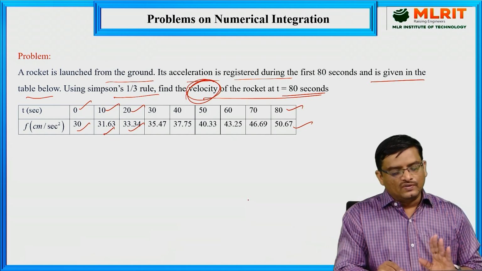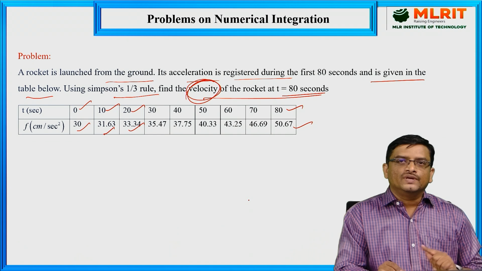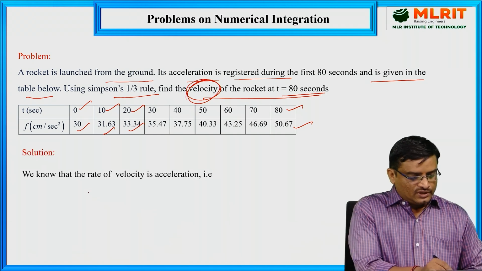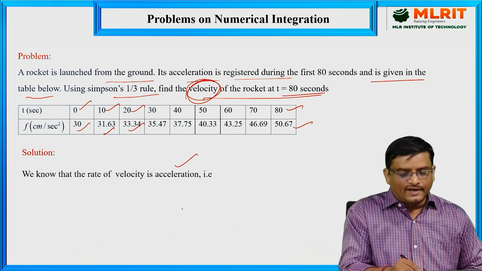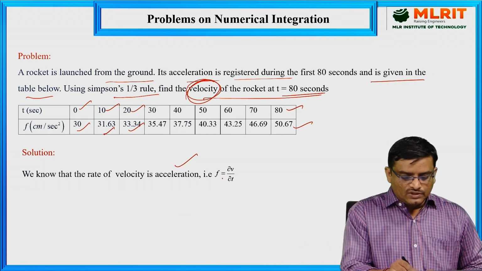Now if you want to find the velocity, first we have to derive the relationship between velocity and acceleration. We know that the rate of change of velocity is acceleration. By definition, f is equal to dv by dt.